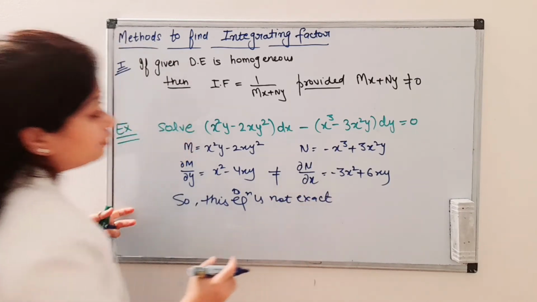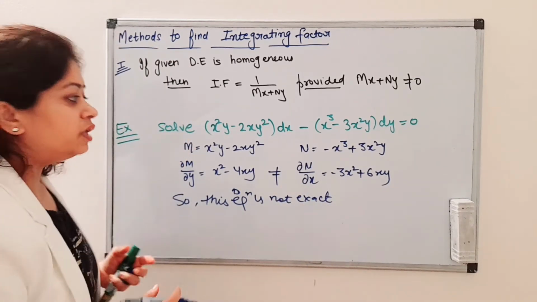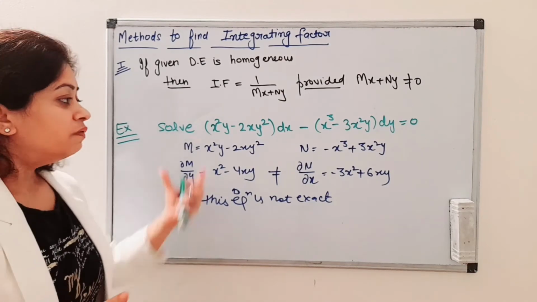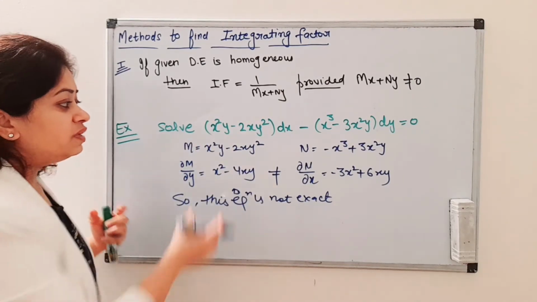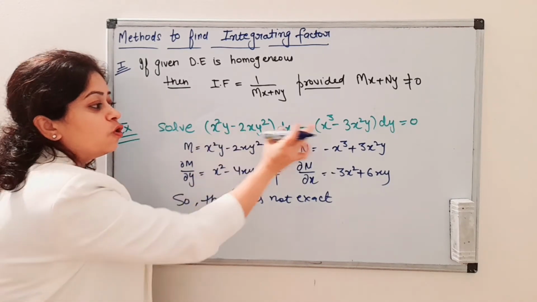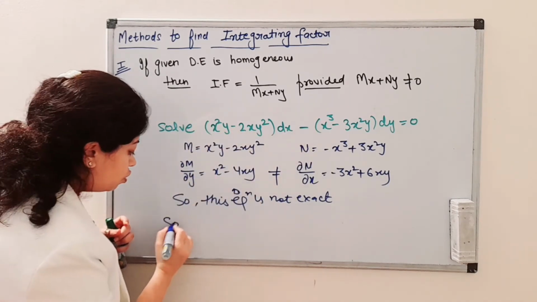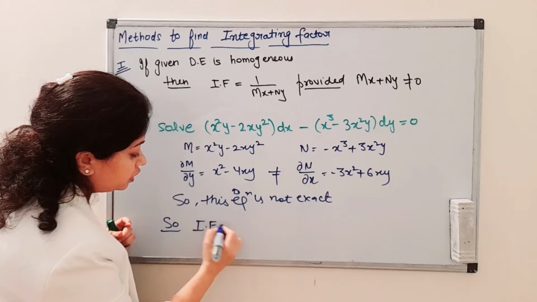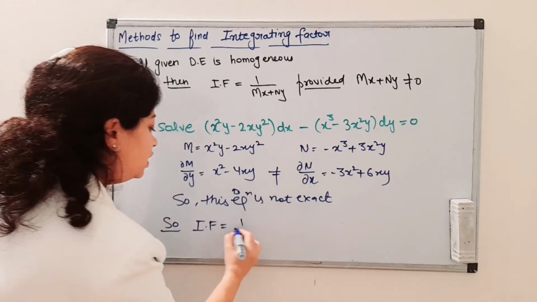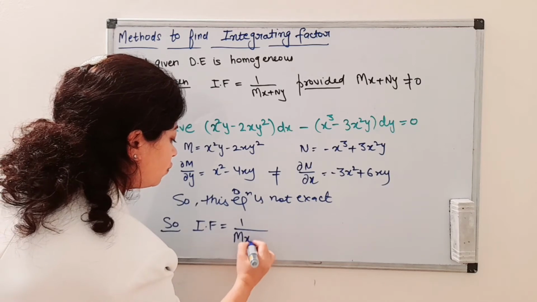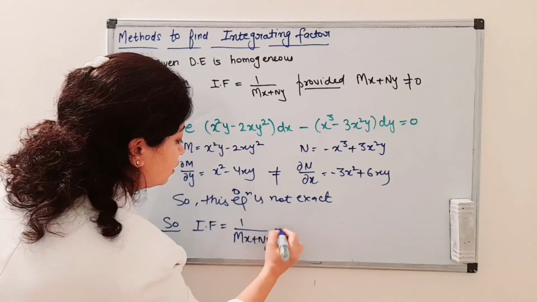So whenever a differential equation is not exact, how do we solve it? We solve it by rearranging the terms, or whenever we see that this is homogeneous, since this equation is homogeneous, the integrating factor is equal to 1 upon (Mx plus Ny).